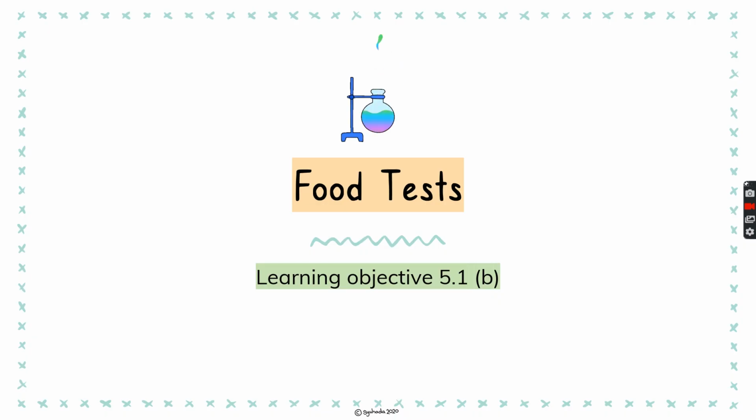Alright, so now that we know about the elements that are found in those food nutrient categories, we need to also learn about how to test for them. Why do we test for food? Some of the most important reasons for testing food, it's not about the taste, but more like, is it legit?